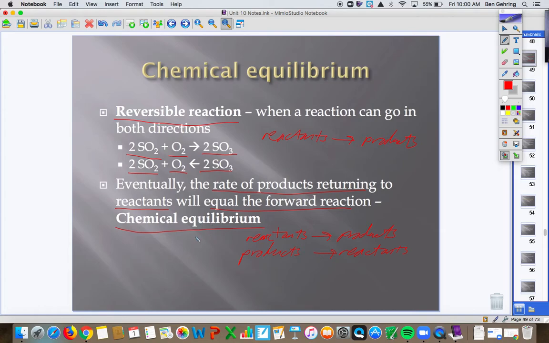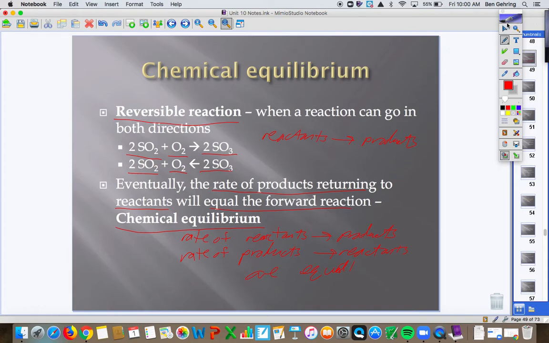Chemical equilibrium is when the rate of this and the rate of this are equal. This is equilibrium. Your reactants becoming products is the same as your products becoming reactants.